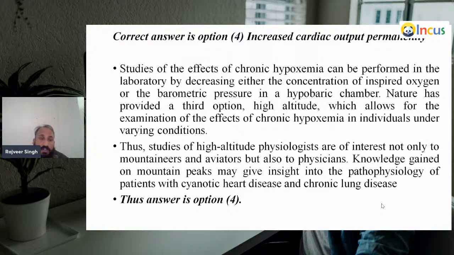Thus, studies of high altitude physiology are of interest not only to mountaineers and aviators but also to physicians, right? Knowledge gained on mountain peaks may give insight into the pathophysiology of patients with cyanotic heart disease and chronic lung disease. So the answer will be fourth.